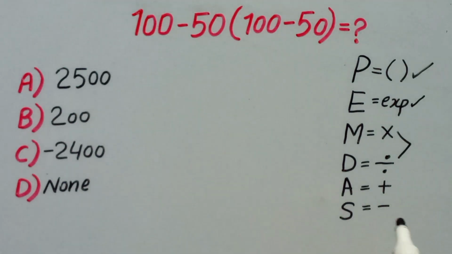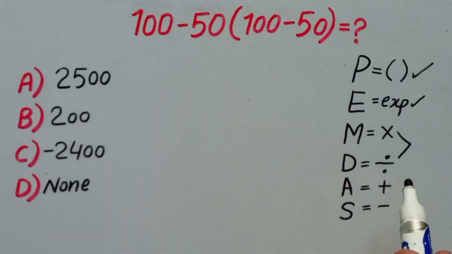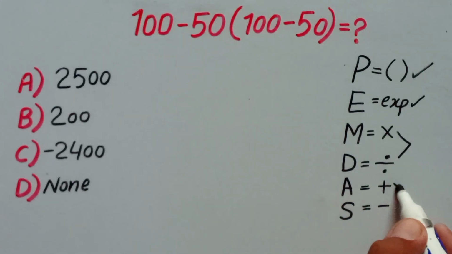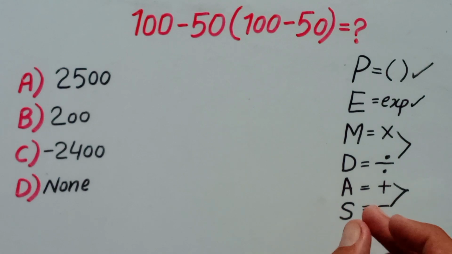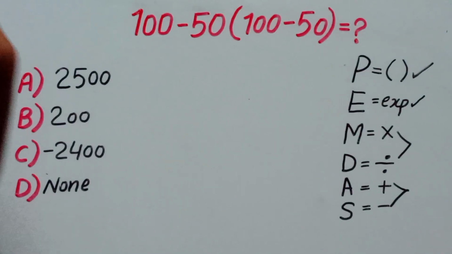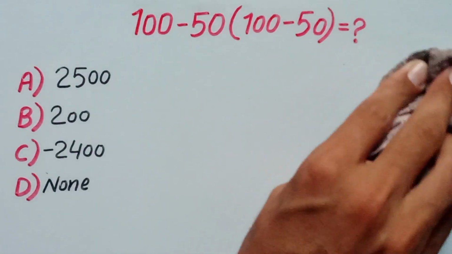And one thing you should remember, multiplication and division have equal priority, and we have to go from left to right. Similarly, addition and subtraction have equal priority, and we have to go from left to right. Okay guys, now I will start the solution of this question, so I will remove this rule.